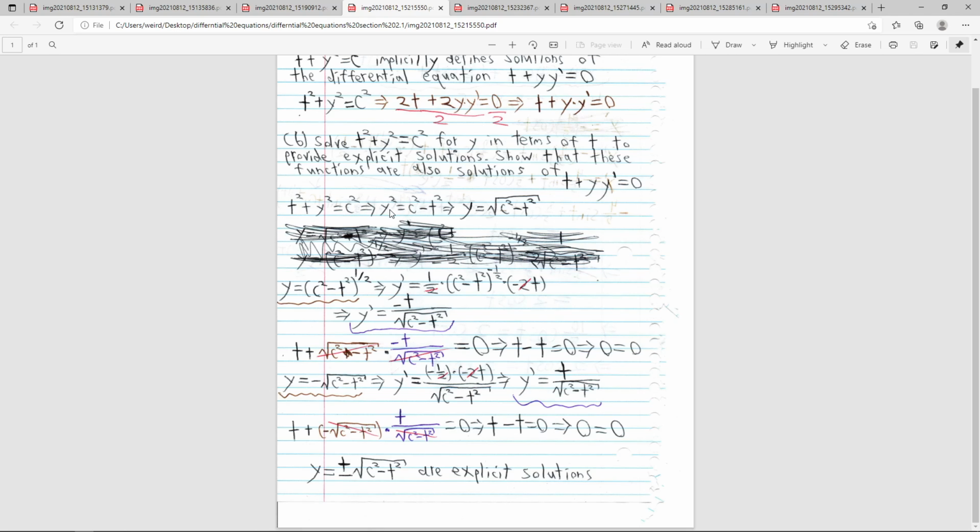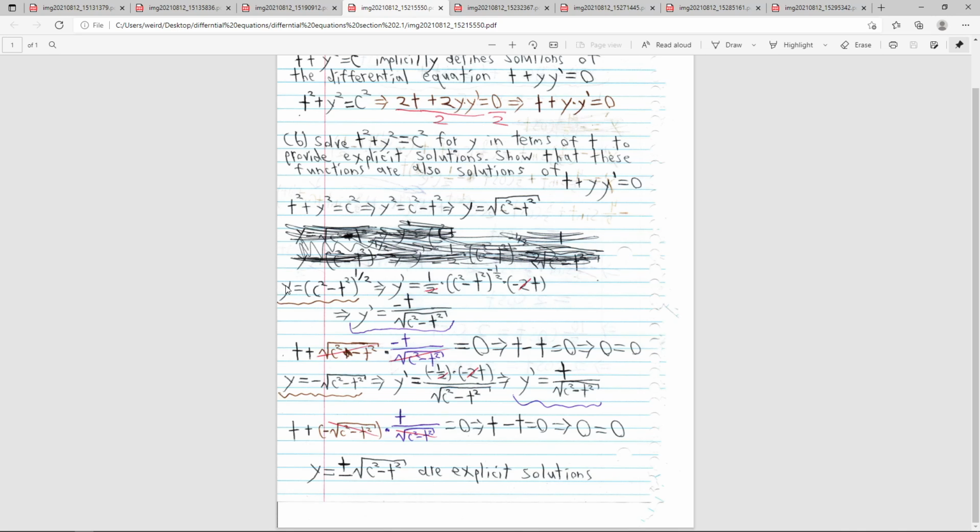So we solve for y first. y equals the square root of c squared minus t squared, so y equals c squared minus t squared all raised to the 1/2 power.